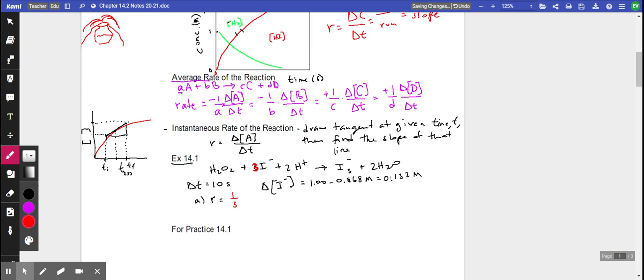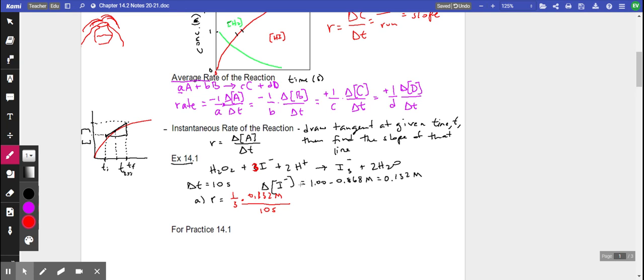And the concentration is decreasing, so I really should have written the change as negative 0.132. Remember that overall, we just need to get a positive value for the rate. So I'm not going to worry about that negative too much right now. It's going to be 0.132 molar over 10 seconds.